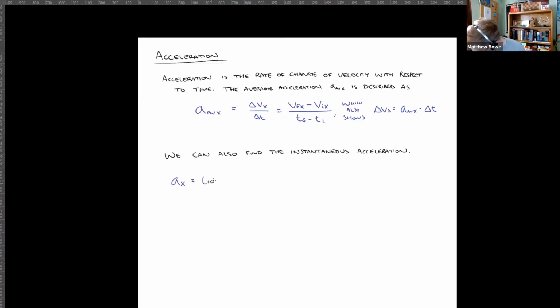So the limit as delta t approaches 0 of delta v sub x over delta t. And I can explain this as the slope of a line tangent to a velocity versus time curve.